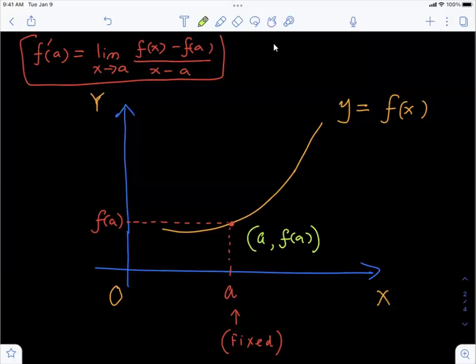Now, let's go back to this formula. We have everything related with A in this case, right? f at A, and x goes to A. And on the other side of this story, we have x, f of x, and x is going towards A. So now to understand the nature of A, to understand the nature of x, let me move this one right here.